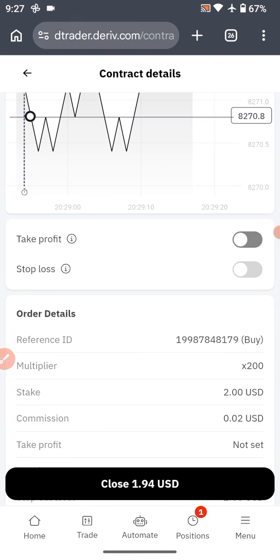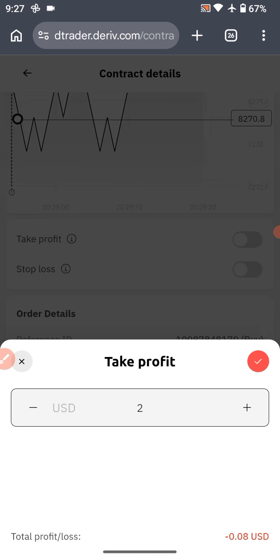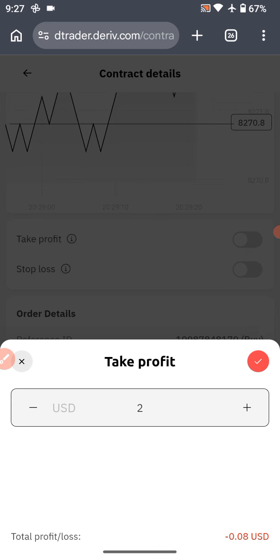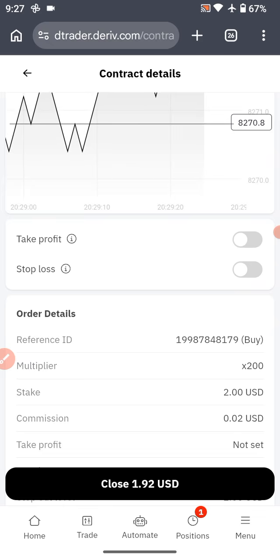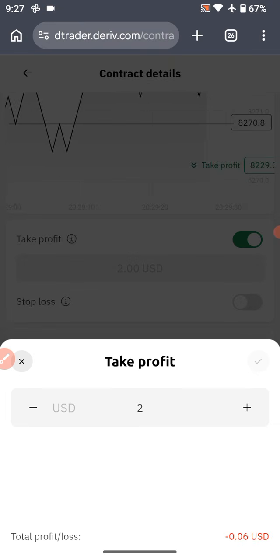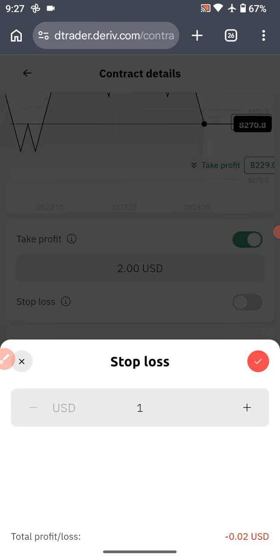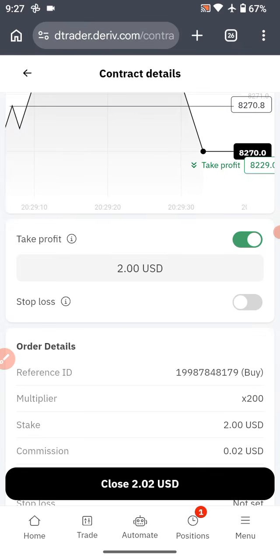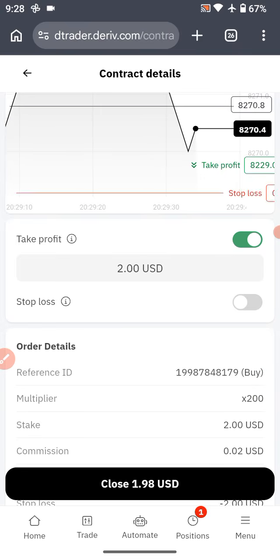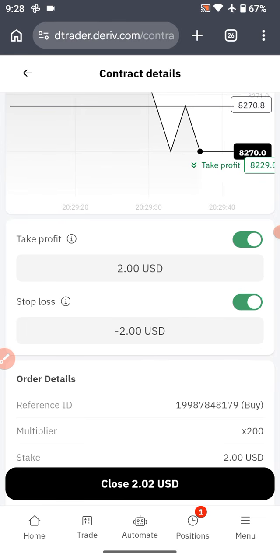My take profit is here, and I'm taking that to 2, and that's okay with me. Okay, that's set already, and then I have a stop loss too. Automatically, even if I don't set it, it's there. It's 2 USD, unless I want to modify it lower.